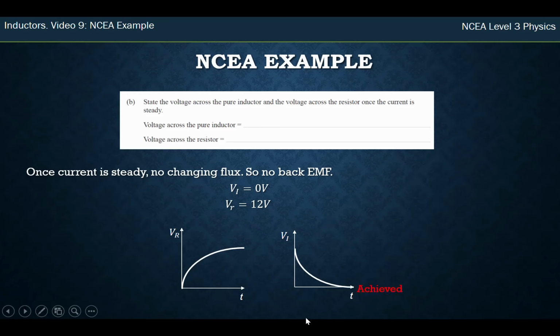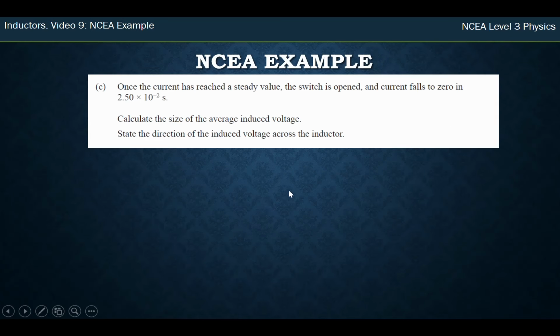You didn't have to draw the graphs, but seeing the graphs helps me answer the actual question, if that makes sense. Once the current reaches a steady value, a switch is opened, and the current falls to 0 in this amount of time. Calculate the size of the induced voltage, and the direction of the induced voltage across the inductor. Let's do the size first. Back EMF or self-inductance: inductance times change in current over time.